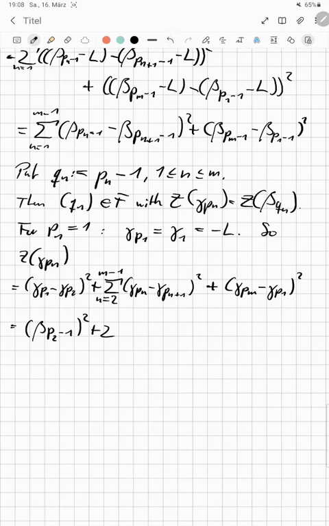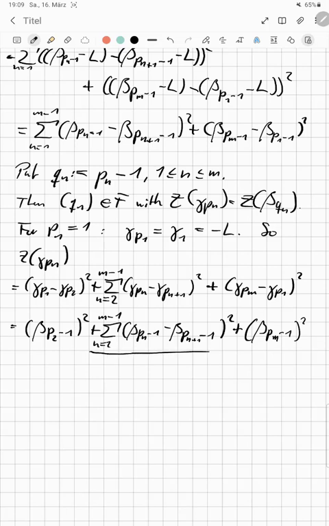And in here we have, still going from 2 to m minus 1, the beta Pn minus 1 minus beta Pn plus 1 minus 1 squared. And here the same applies as here. The negative L from the gamma P1 will cancel out the negative L from the gamma Pm, and we here just keep the beta Pm minus 1 squared.